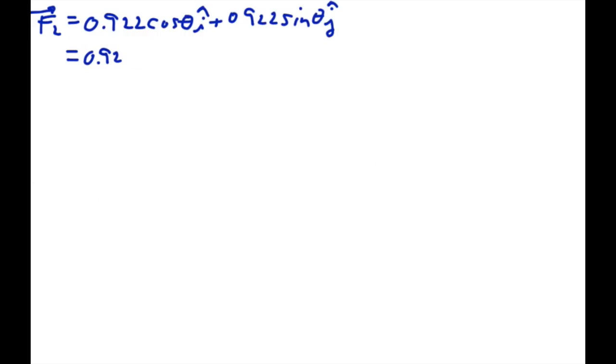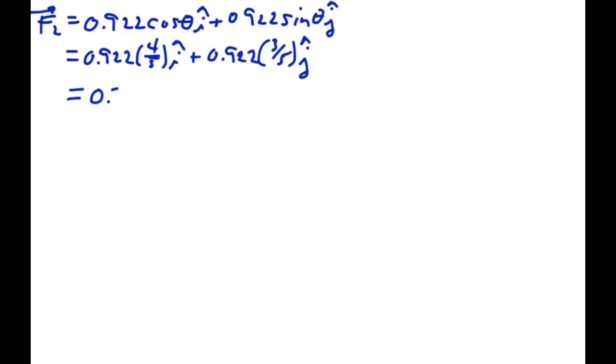And that's going to be 0.922 times 4/5 i plus 0.922 times 3/5 j. 0.922 times 0.8 is 0.738. And 0.922 times 0.6 is 0.553. All right, so that's our second vector force, F2.